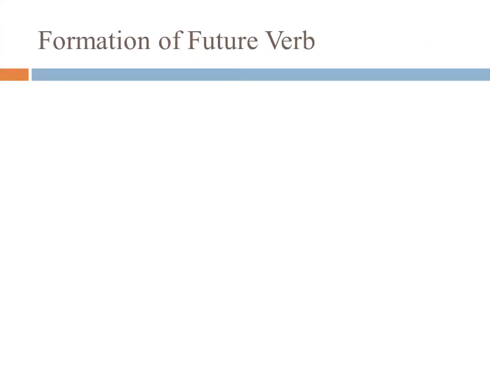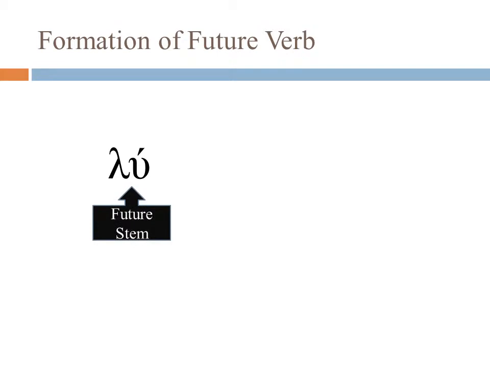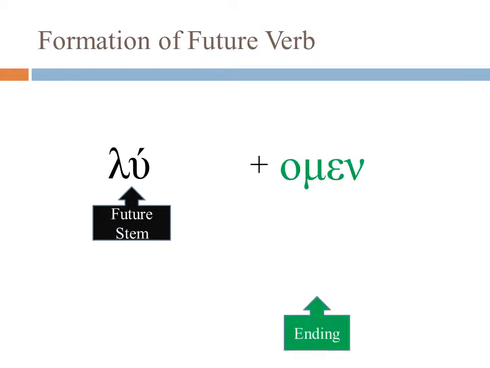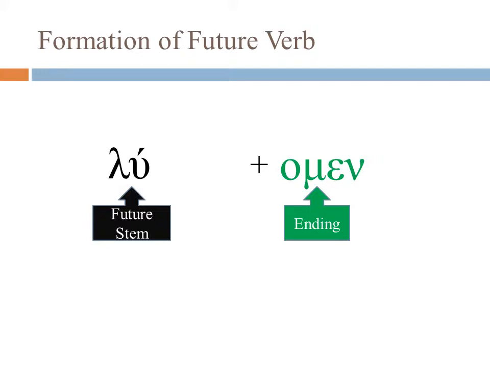Formation of the future verb. We have lu, and this time we have a future stem, but of course with lu there are no changes in all the stems, so they all look alike, but you need to remember the formation here is with a future stem. And we're going to add primary endings, just like we did in the present.